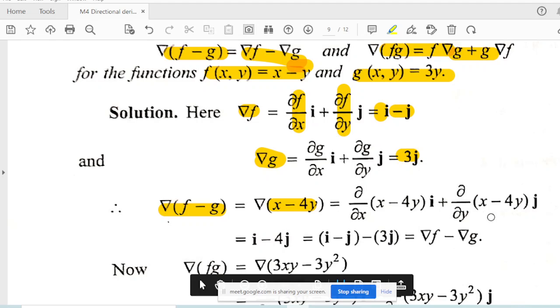When partially differentiating with respect to y, we get -4. So this is equal to i minus 4j, which is i minus j minus 3j.